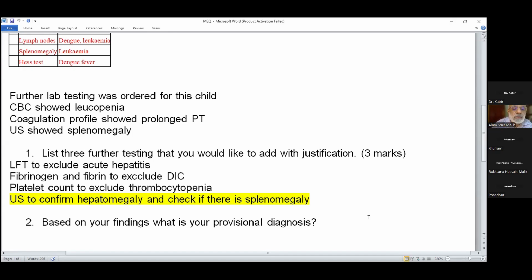So after part 2, we go to part 3, we give the full results, and then we ask the provisional diagnosis, so that the student does not miss the diagnosis.